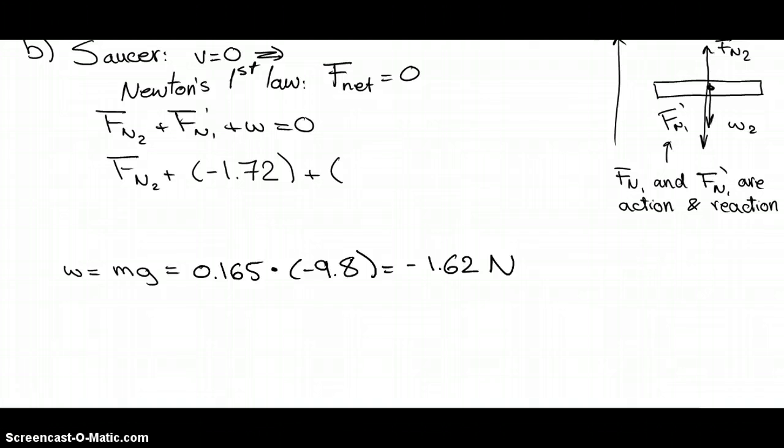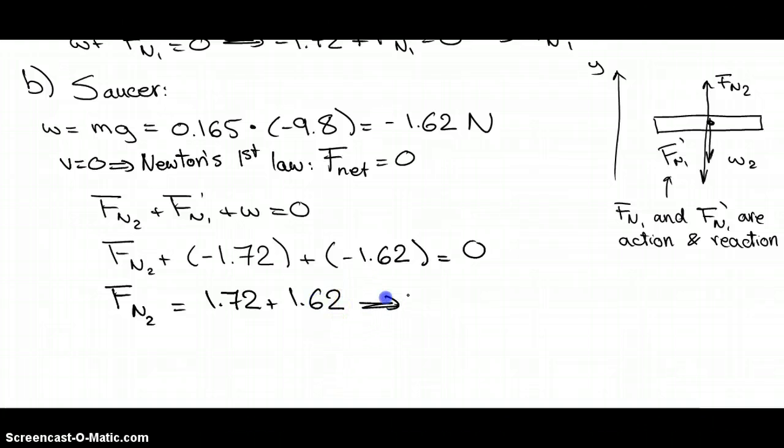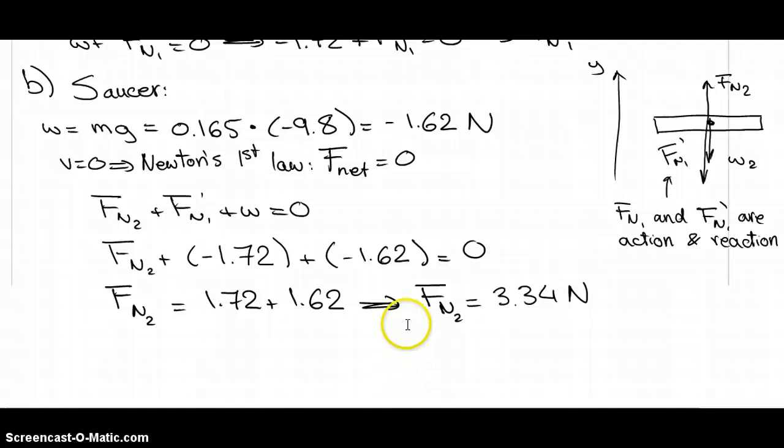So I can substitute that now. Negative 1.62 equals 0. As a result, Fn2 is equal to 1.72 plus 1.62, and so Fn2 is equal to 3.34 newtons. Force is positive, so it's upwards. Makes sense. And that will be my final answer.